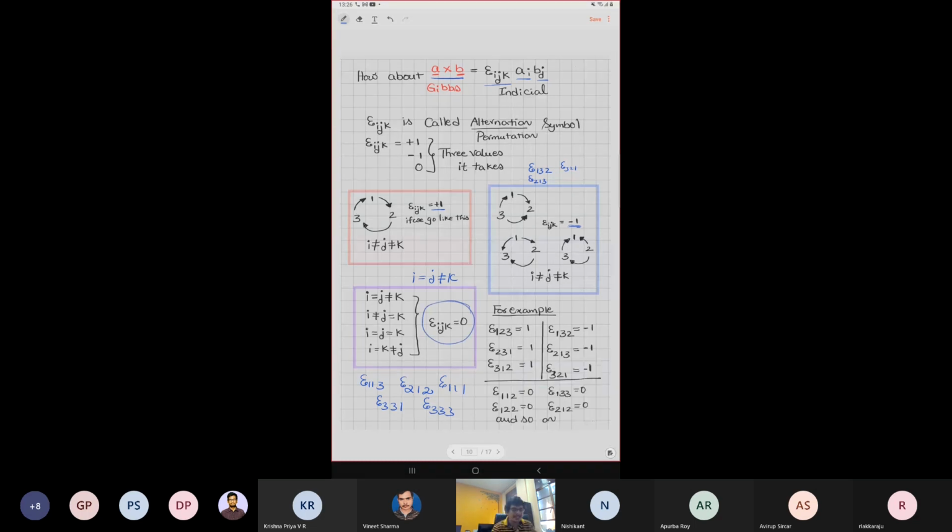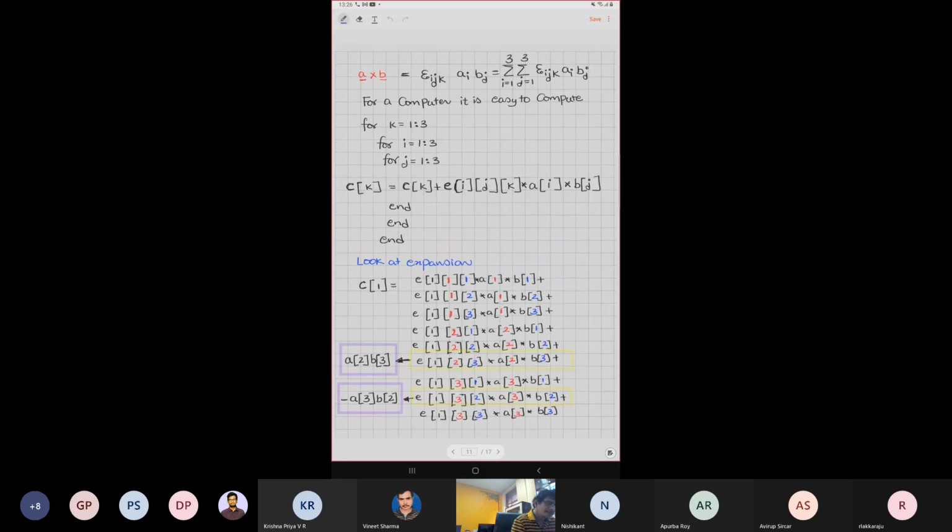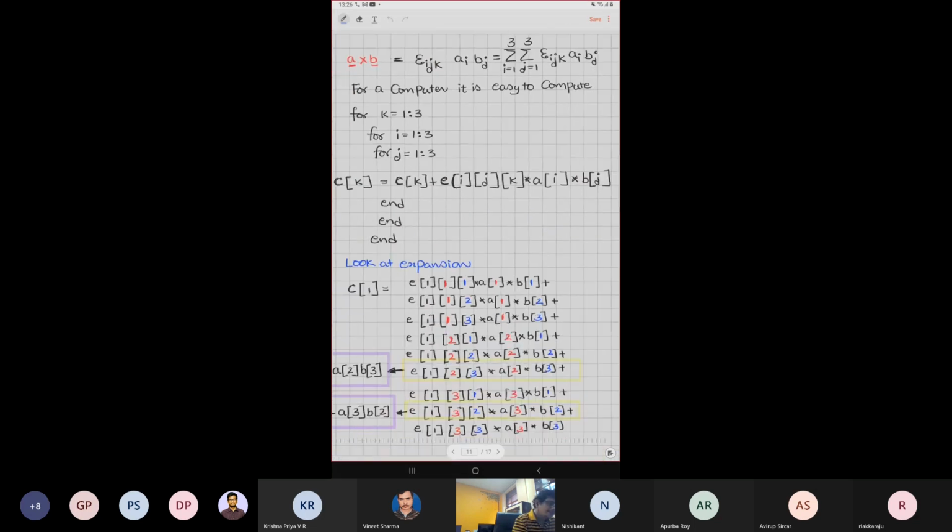Once that definition is clear, now see the advantage, even for n-dimensional vectors. Can you see this screen? Yes, sir.